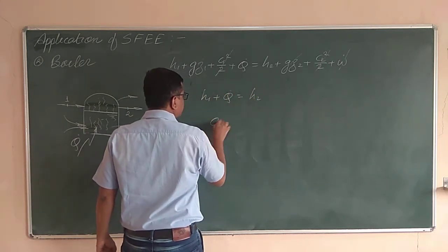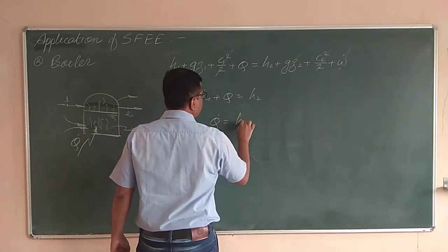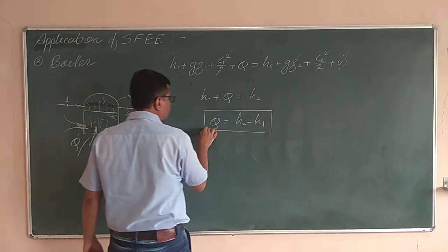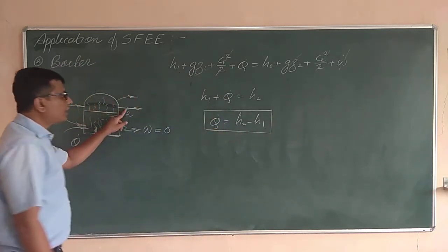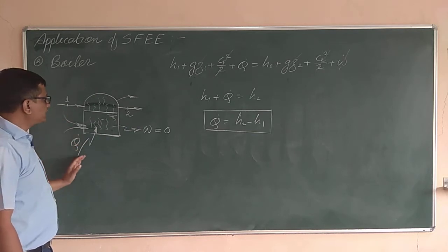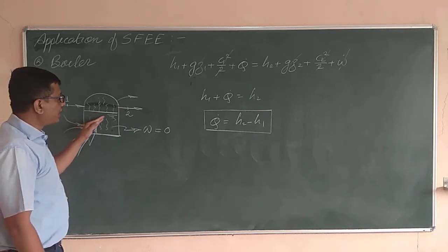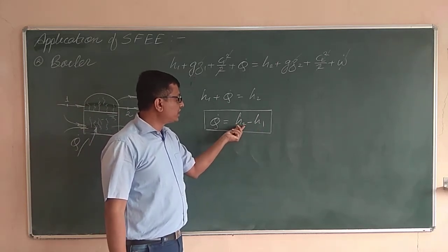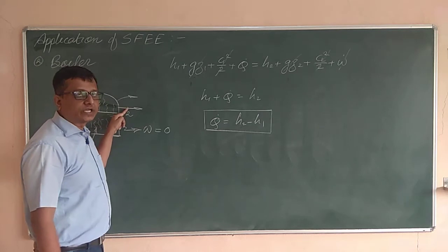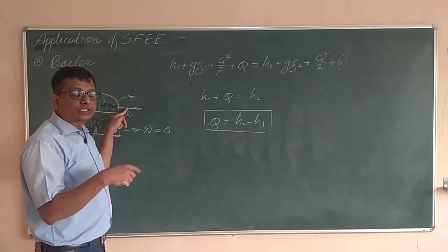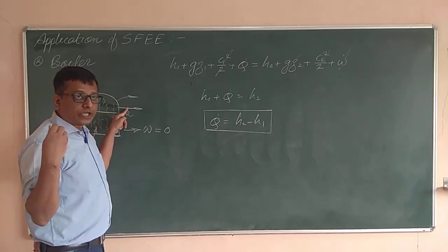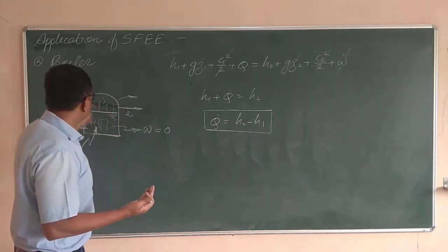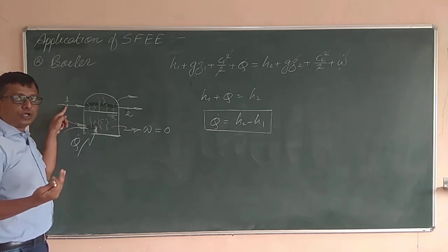So I can say that Q dot is equal to H2 minus H1, which is nothing but the difference in the enthalpy of the working substance across section 2 and section 1. Obviously heat is added over here, so it will be positive. H2 will be obviously more than H1, since H2 is the enthalpy of the working substance, that is H2O, coming out of the boiler in the superheated state, whereas H1 is the enthalpy of H2O in the liquid state.